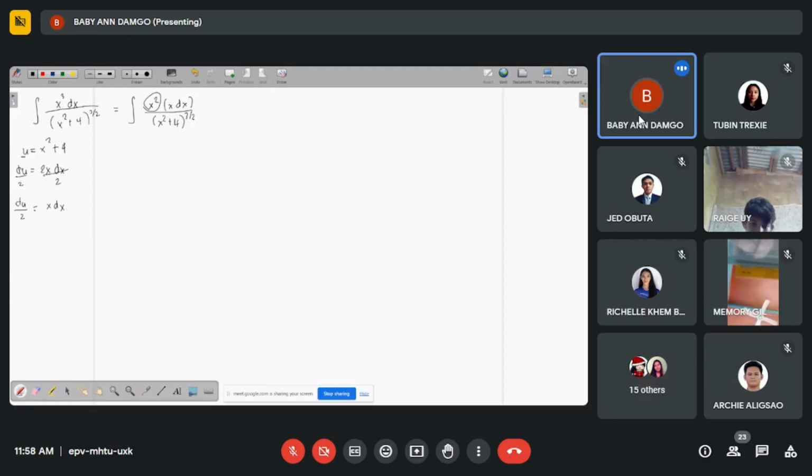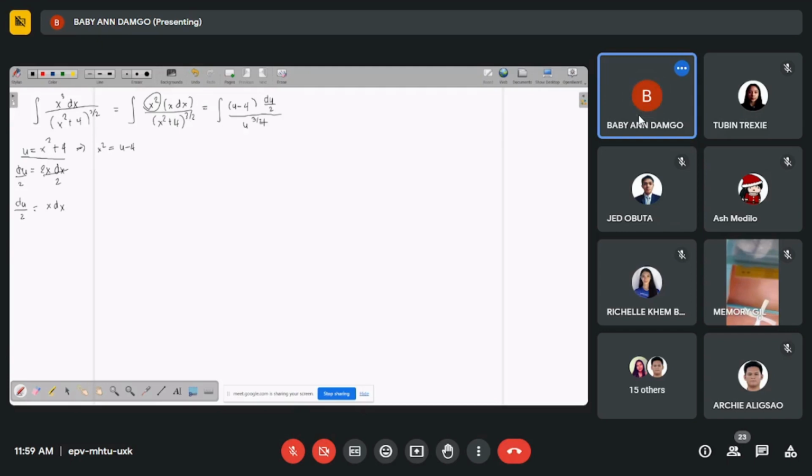So we have x squared is u minus 4. So which is equal to, so x squared is u minus 4, and then our x dx is du over 2 all over x squared plus 4 is u to the power of 3 halves.